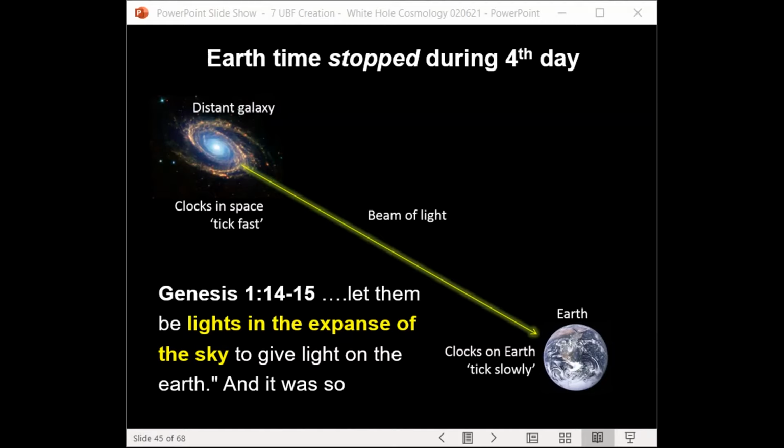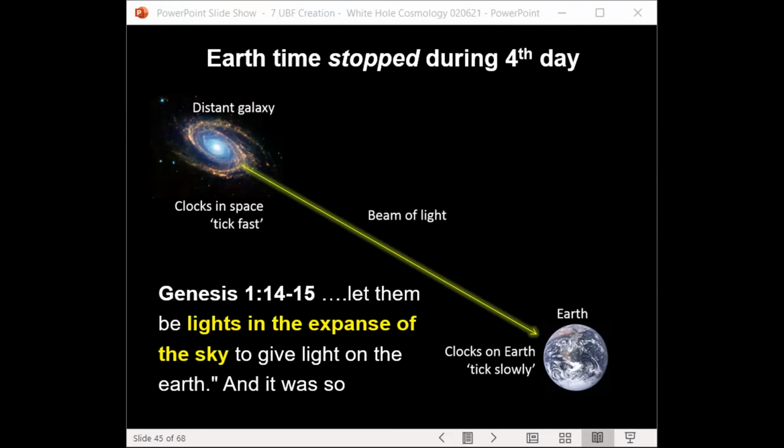And suddenly the sky filled with stars, right? Because God created. And the fourth day of creation, how long did it take? You know what I'm saying? So God created all the stars, but since time stops, we don't perceive anything.